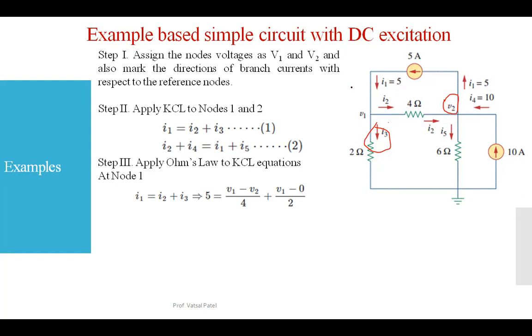Plus V1 minus 0, because it is connected with the reference node, and the reference node voltage is 0. So (V1 minus 0) divided by 2. If you simplify this equation, can you write the equation in terms of V1 and V2? After rearranging that equation, 3V1 minus V2 is equal to 20.